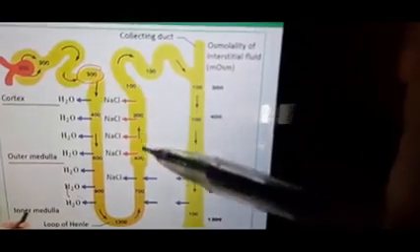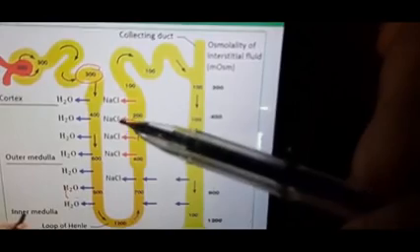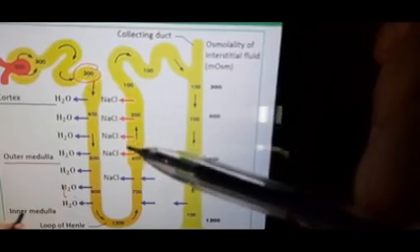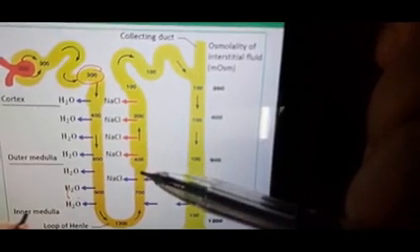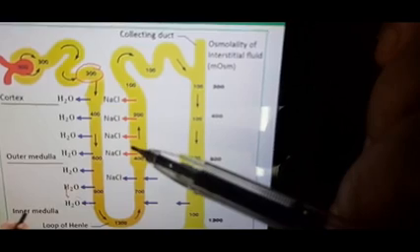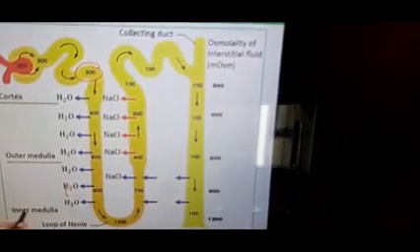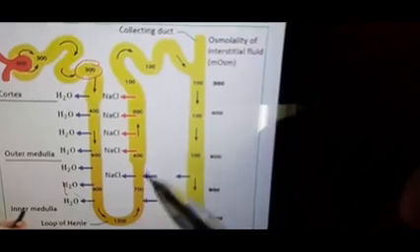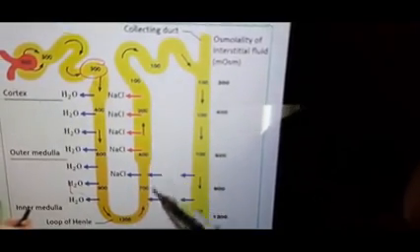So we know that urine is formed in the nephron, and in mammals the urine is produced in concentrated form. So mammals as well as human beings are producing the concentrated urine, and the concentration of the urine is taking place in the loop of Henle and vasa recta.